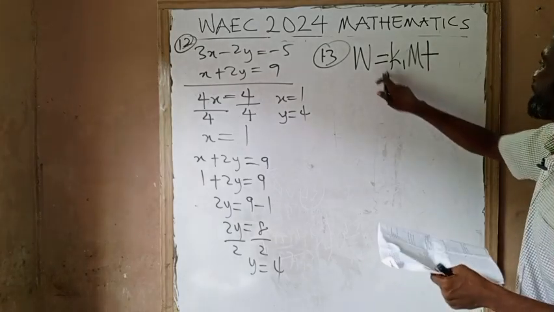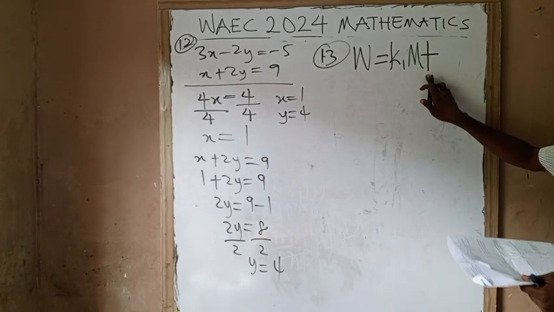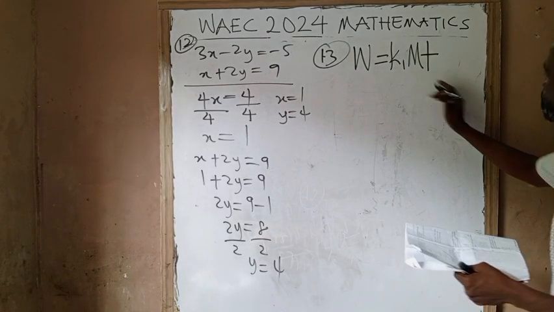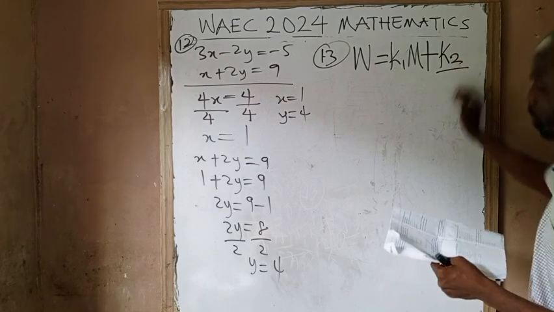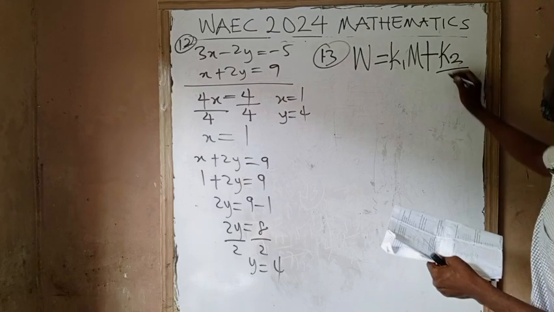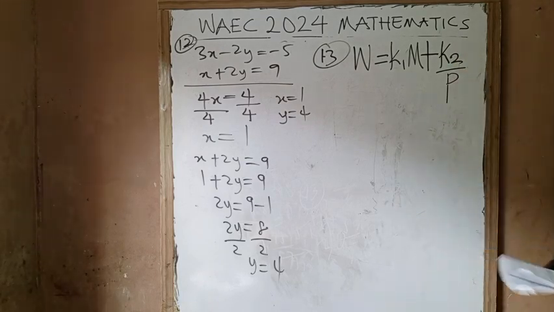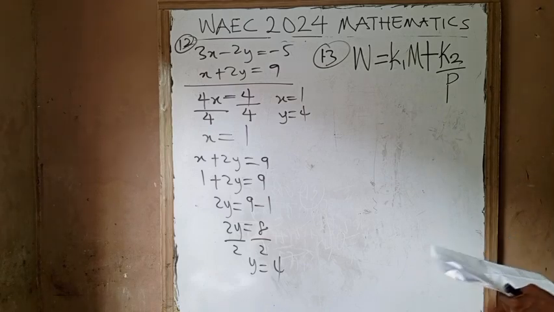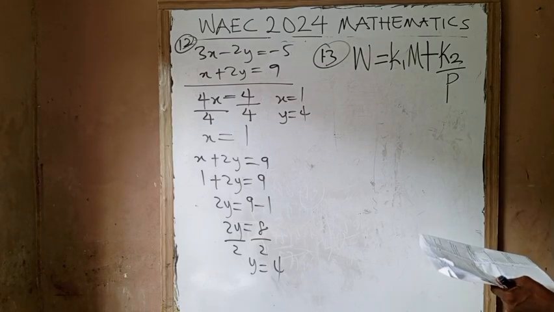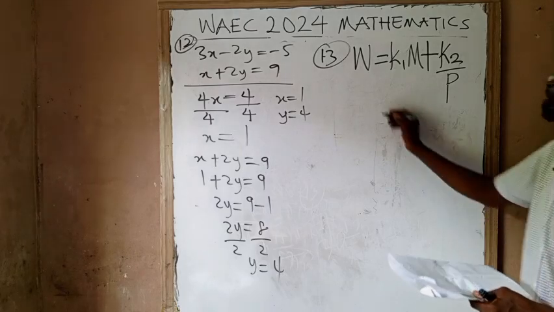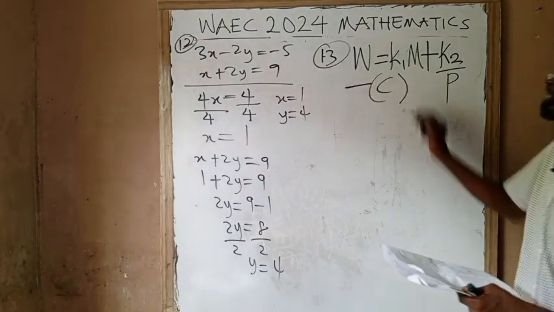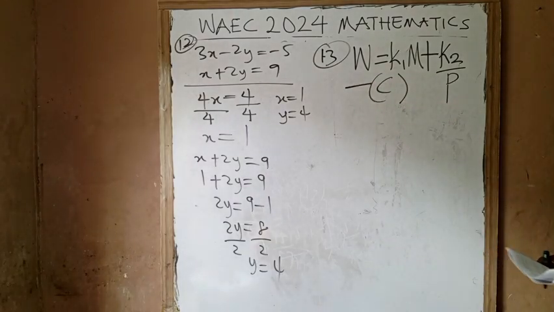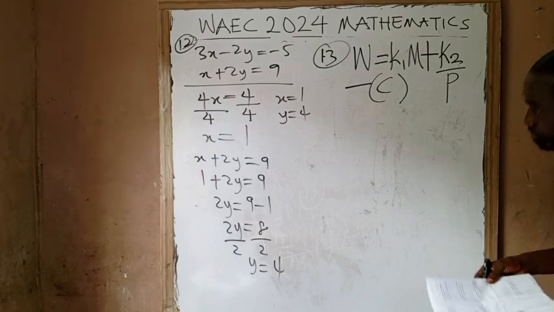Under partial relation it is plus, and partly inversely, so we have K2 all over P. So W equals K1M plus K2 all over P. So the correct answer is option C. Number 13, answer is option C.